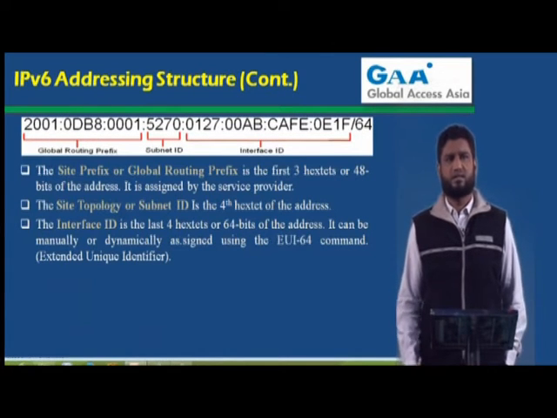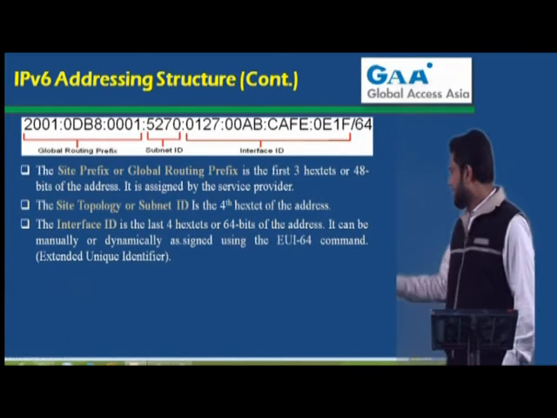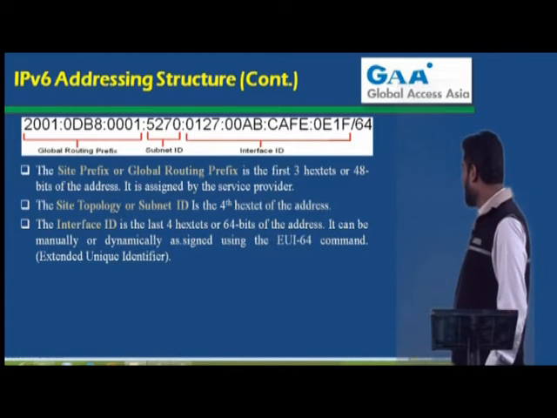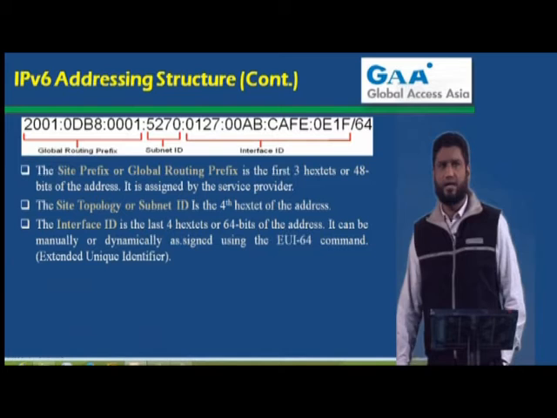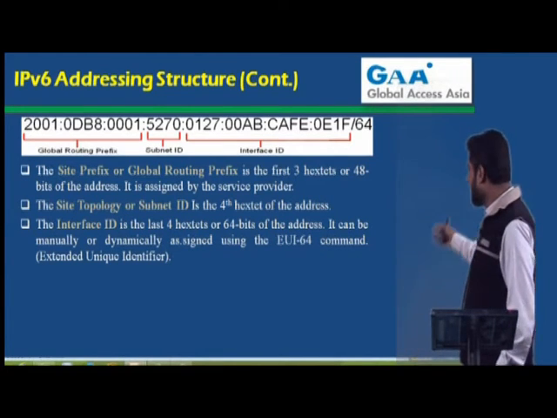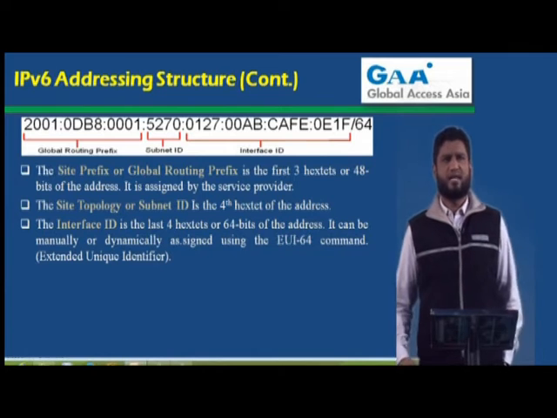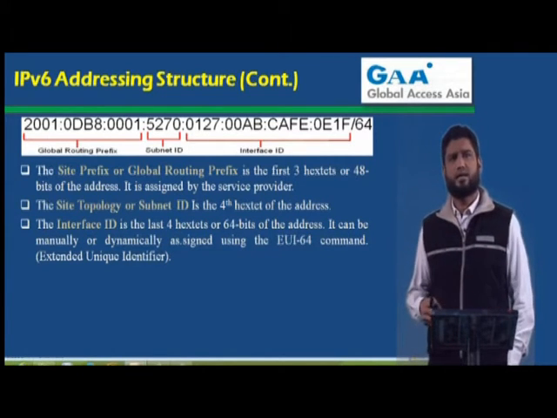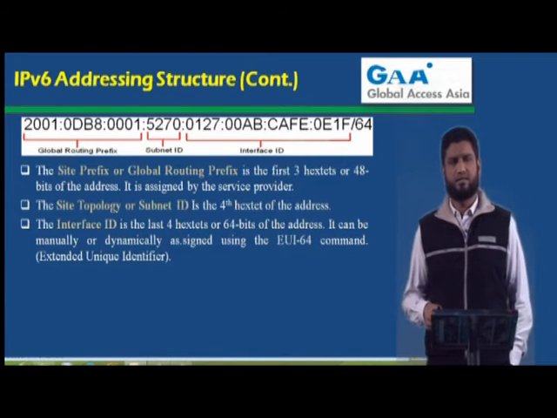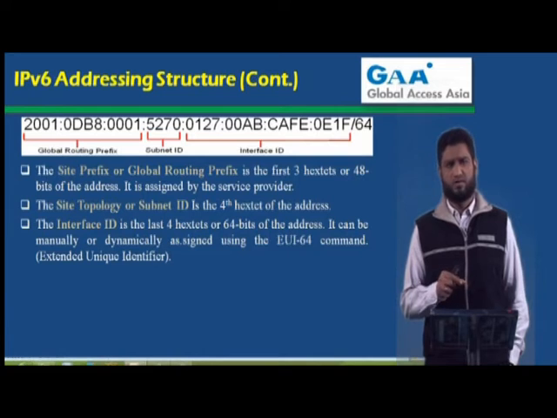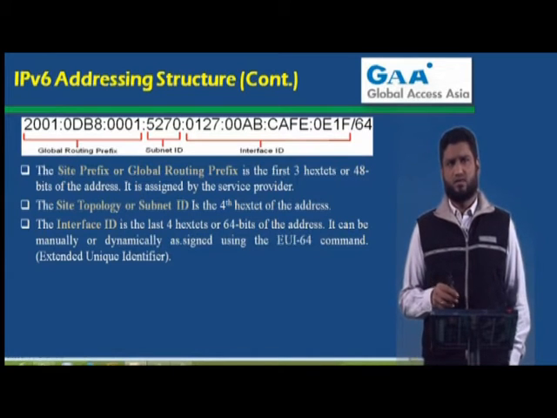IP address structure. If you see the underlined marks here, there are some parts defined: global routing prefix, subnet ID, and on the right side the interface ID. The site prefix or global routing prefix is the first three hextets or 48 bits of the address, as I discussed earlier. It is assigned by the service provider, because this value is fixed for the service provider. They will maintain this part.